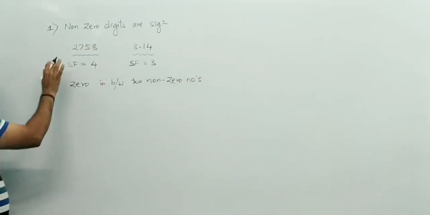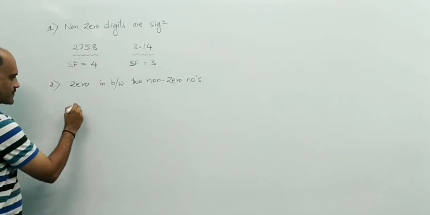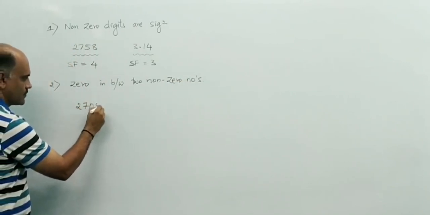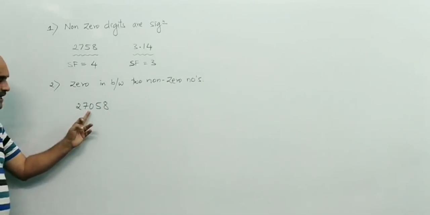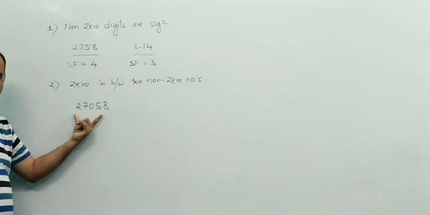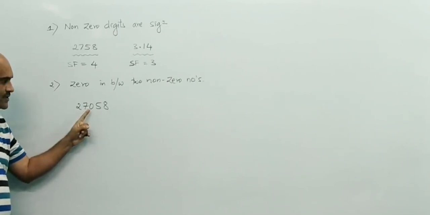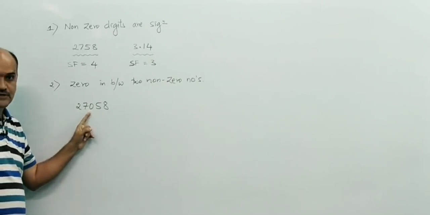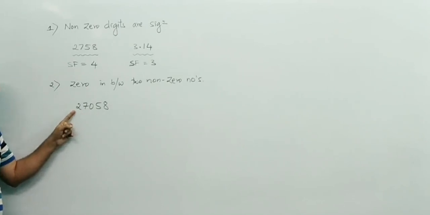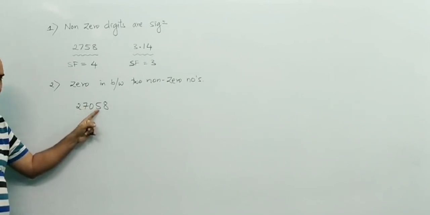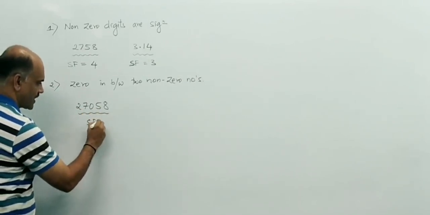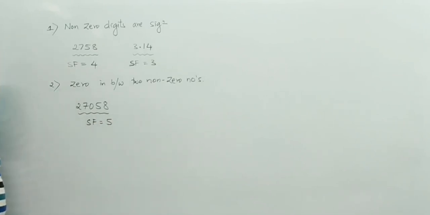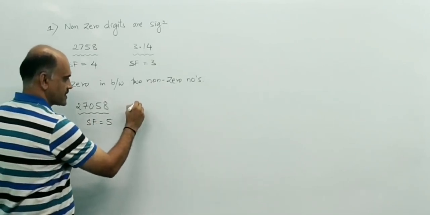For example, if the number is 27058, you have a 0 in between these non-zeros, so you are required to count this 0 also. So the total number of digits is 1, 2, 3, 4, 5. So the significant figure is 5.